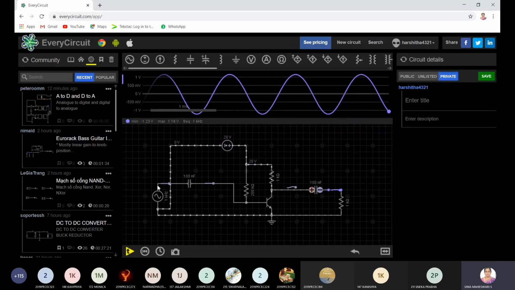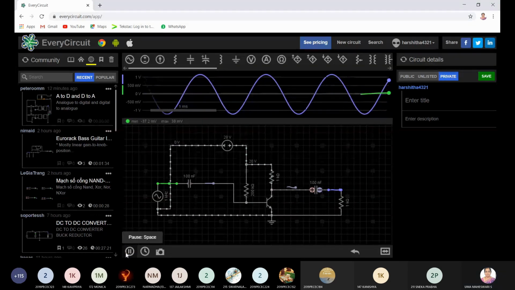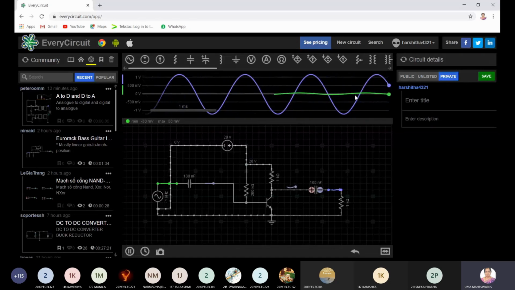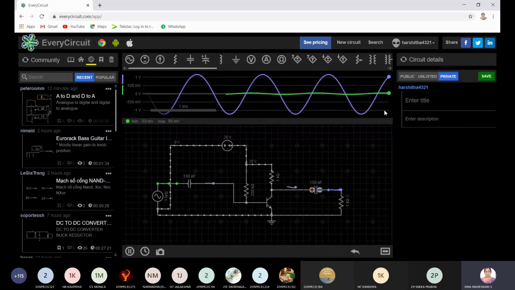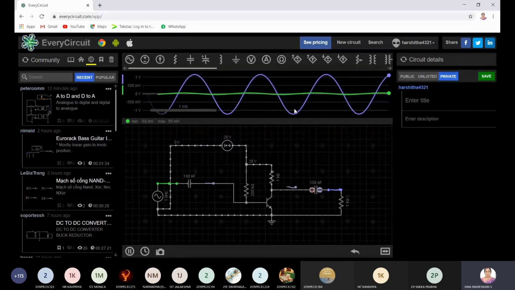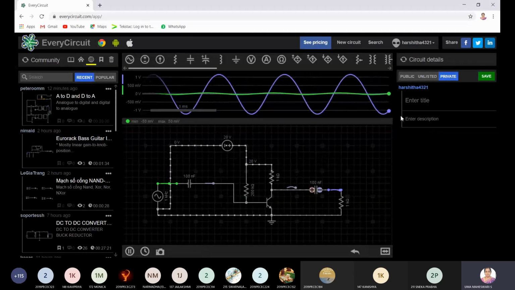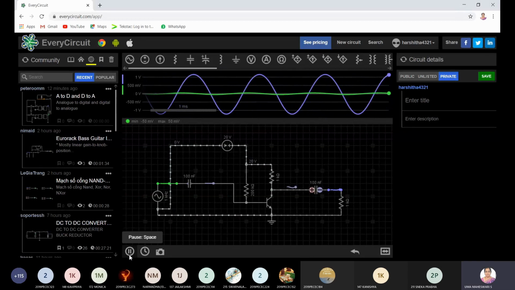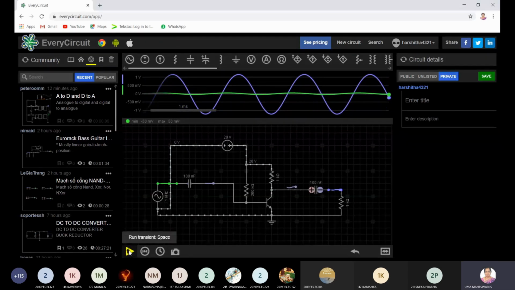As I told you, in the same window, if I click my input waveform and see, the scale is in volts, okay? So I will not be able to see my input waveform properly. That green one represents the input waveform and the blue one represents the output waveform. So for my convenience, I'll hide one waveform and see the other waveform. So this is about your analysis with respect to time.